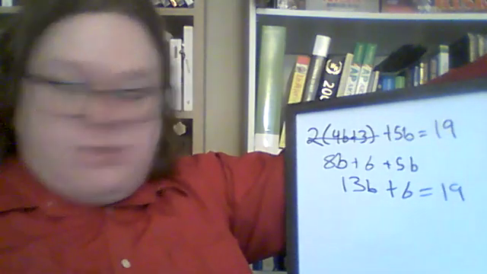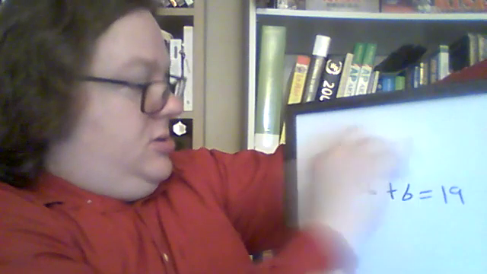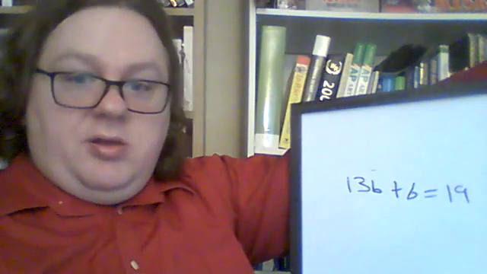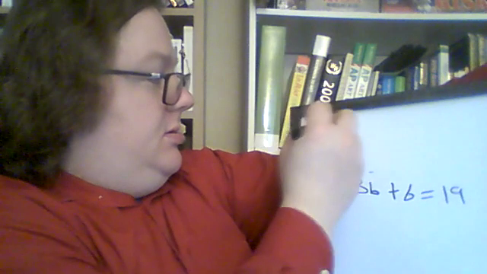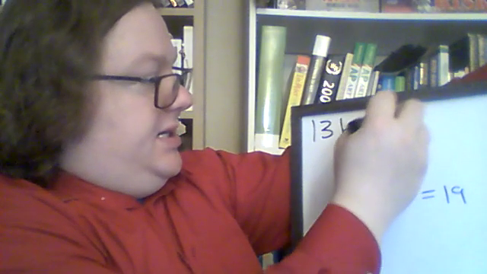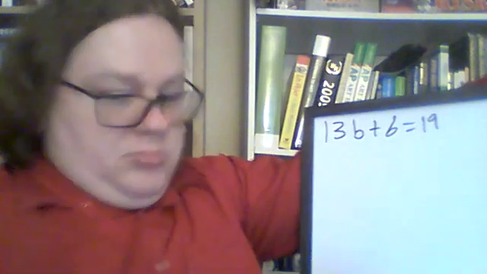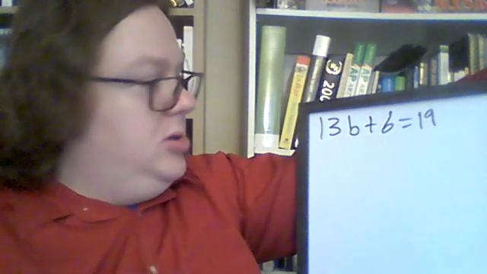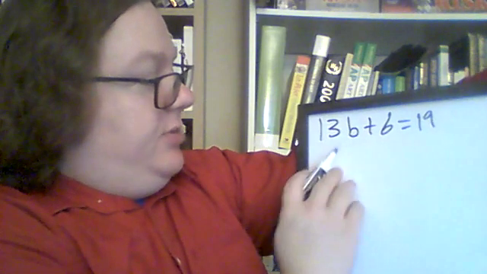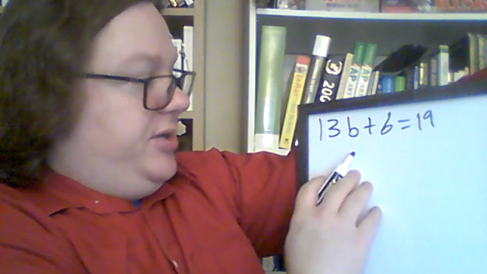Now I'm going to erase this top part because we don't need it anymore. And we're just working with 13b plus 6 equals 19. So now we're back to an original two-step equation.